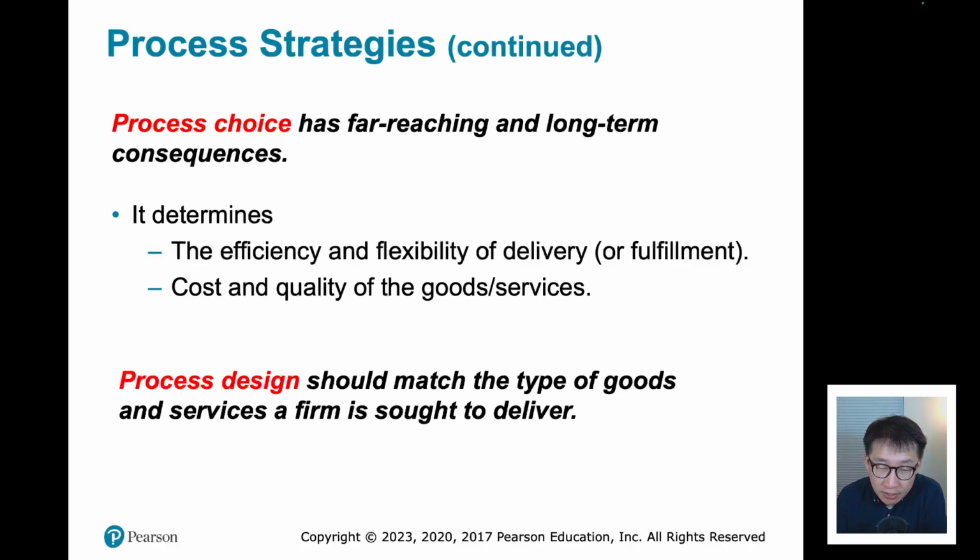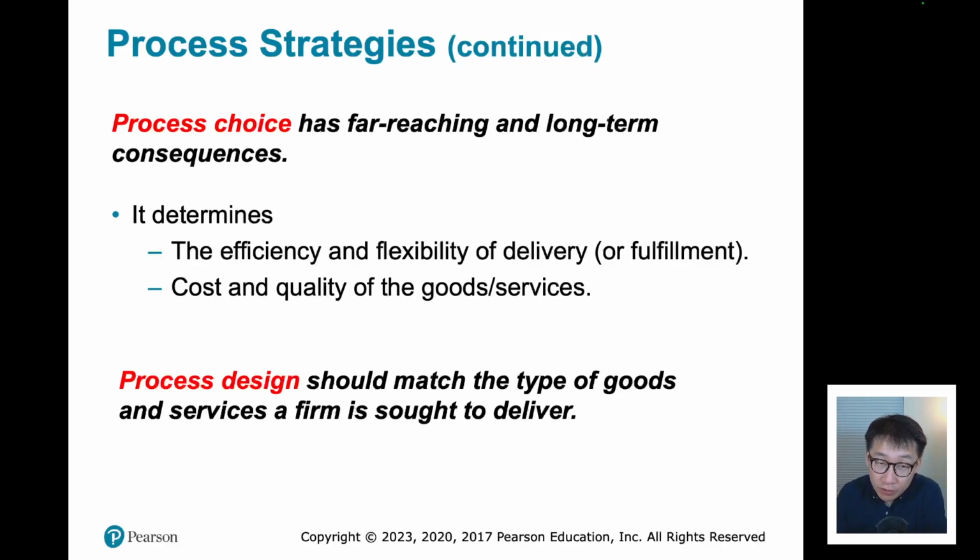But from the process analysis perspective, the McDonald's process is very, very efficient, and at the same time, there's very little flexibility in the way they deliver and prepare their food. And an upscale restaurant, a premium restaurant that charges you a lot for a meal, is polar opposite.